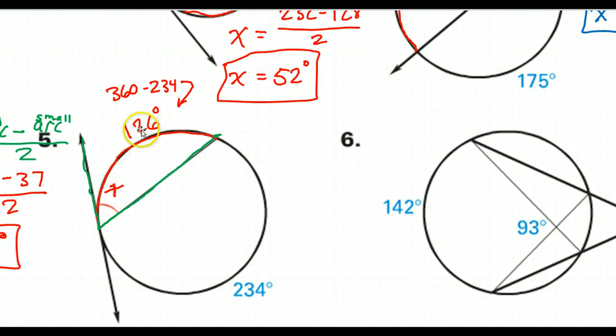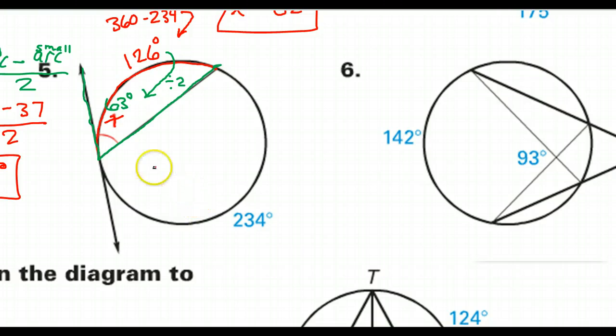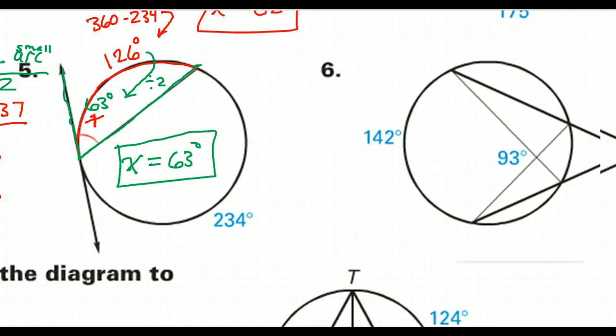So if this is 126, then I can just take half of it, and that should give me the angle. So that's going to be 63 degrees, because I divided by 2. So that is how you do that. I'll just put it right here in the middle. X equals 63 degrees. All right, that was much easier than number 4.